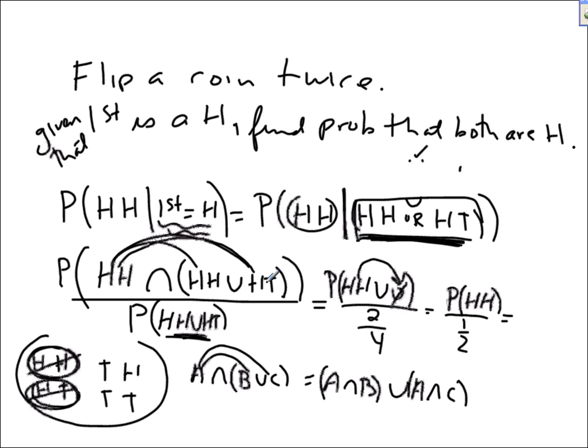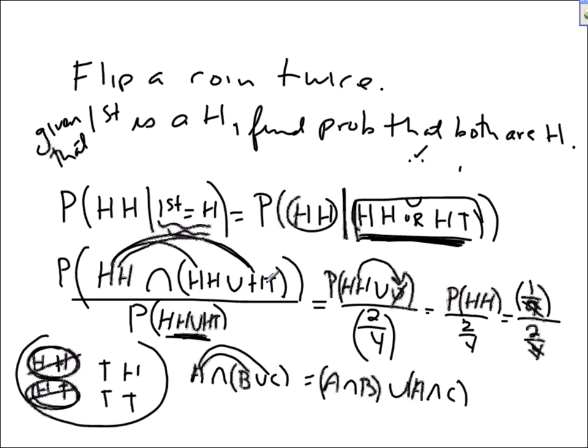What's the probability you get HH? 1 out of 4. I'm going to keep this as 4 in the bottom. Like it says on the left, it's 2 out of 4. So the probability of getting HH is 1 out of 4, and we divide this by 2 out of 4. The 4's cancel.